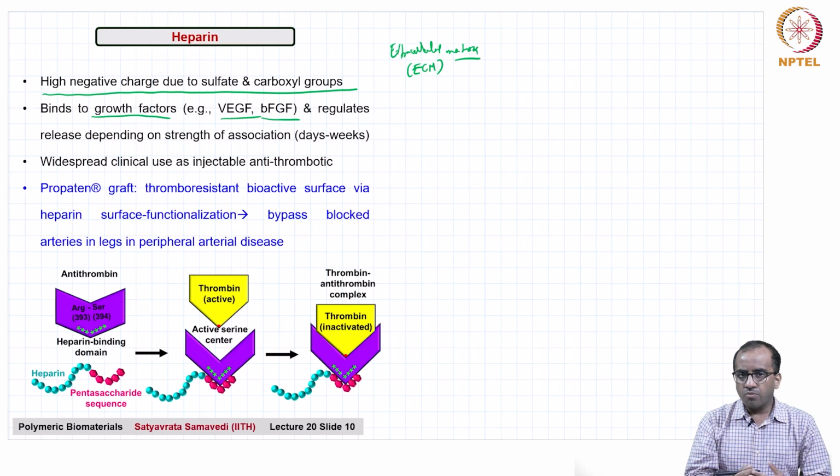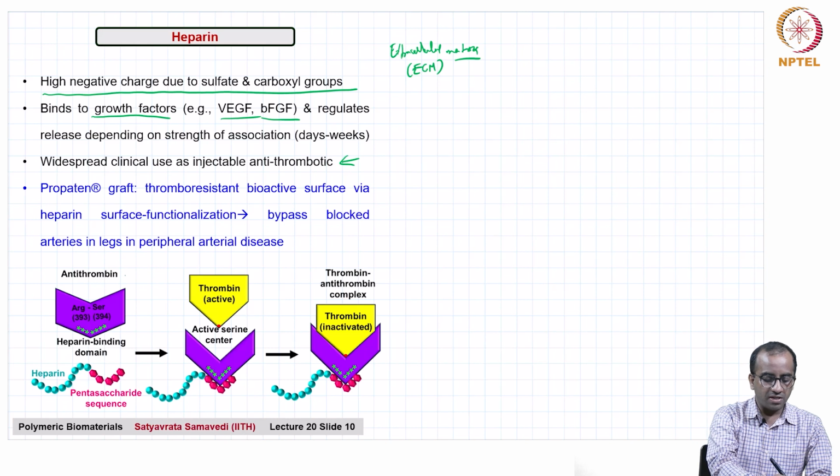And heparin is not a new molecule. We looked at it in an earlier lecture on antithrombogenic coatings, and it is used very widely in the clinic as an injectable antithrombotic. Earlier we would have simply said that the charge leads to antithrombogenic effects. Here we are looking more at the mechanism for how that is achieved.